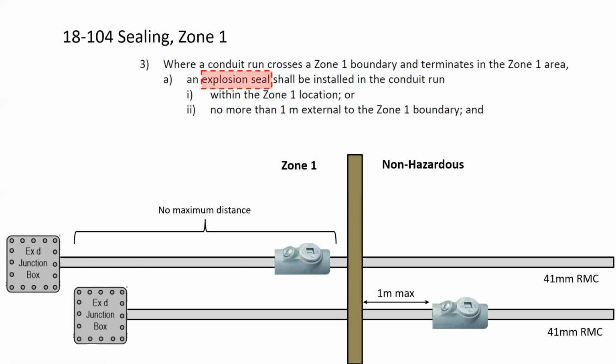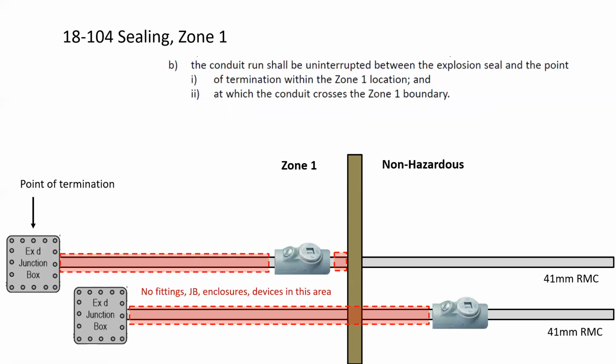Now it has to be an explosion-proof seal, and all of these would be considered acceptable. We also need to consider that there cannot be anything interrupting those sections of the conduit. Item B indicates the conduit run shall be uninterrupted between the explosion seal and the point of termination and where the conduit crosses the Zone 1 boundary.